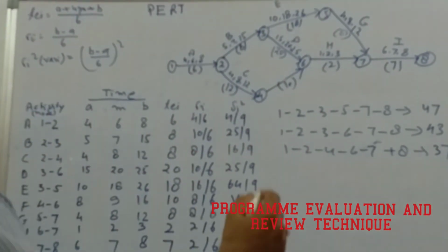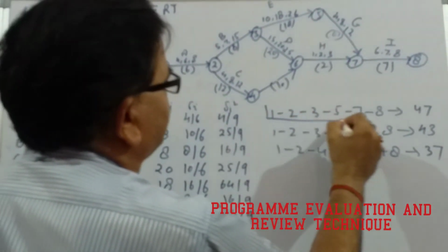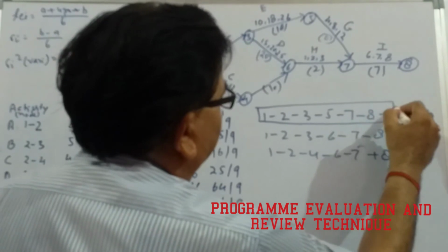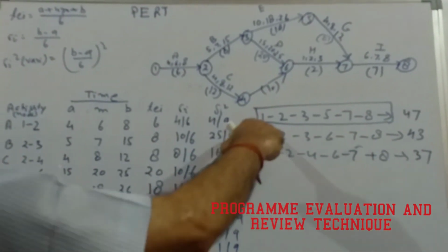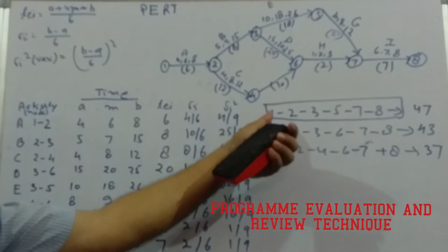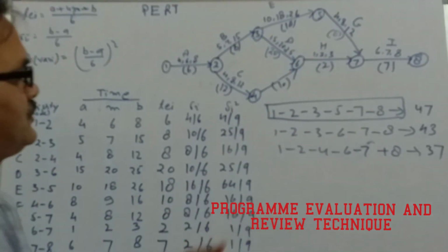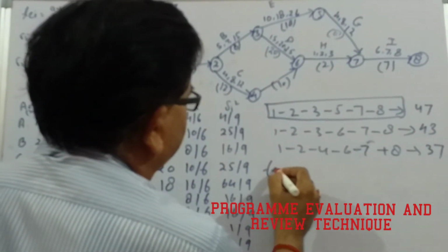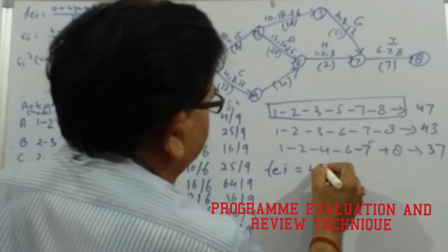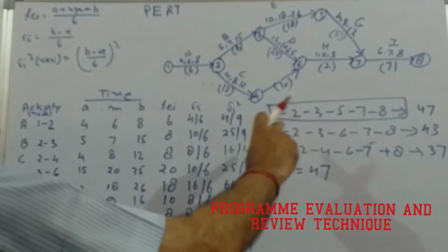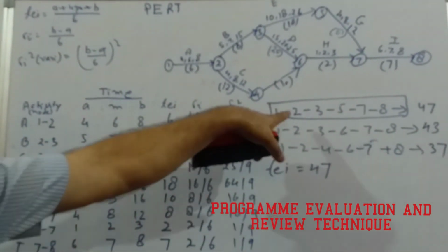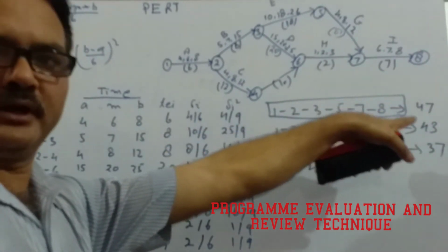That means the critical path is this one, and here we will calculate the variance only for this one, and here the total expected time is 47 days, and the critical path is 1 to 2 to 3 to 5 to 7 to 8.